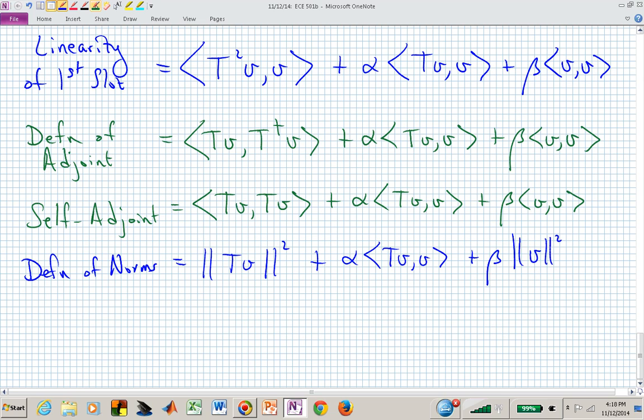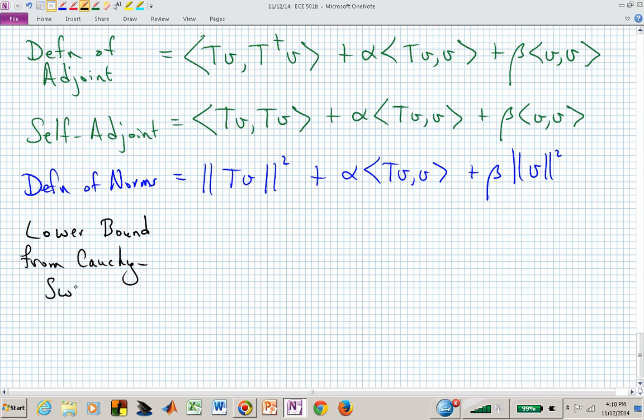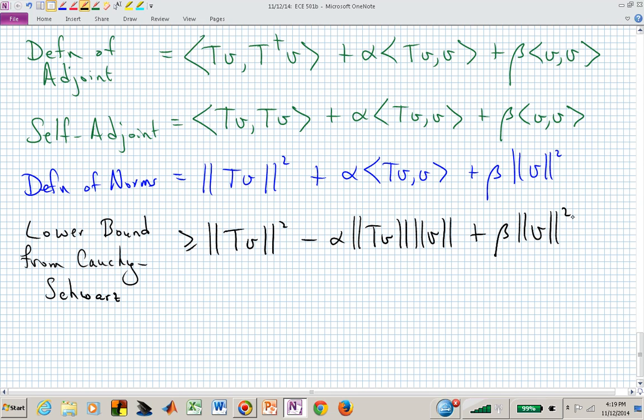Applying the lower bound from Cauchy-Schwarz, then that's greater than or equal to norm tv squared minus alpha norm tv norm v plus beta norm v squared.